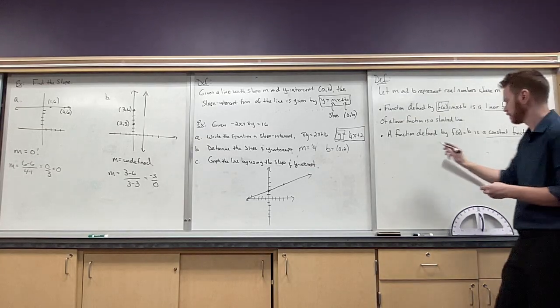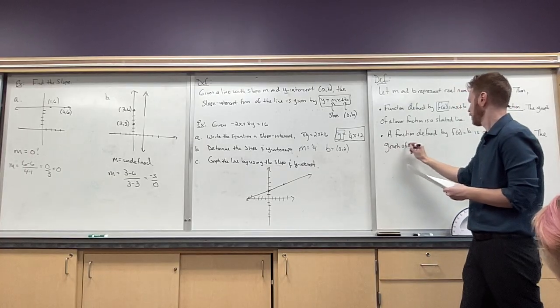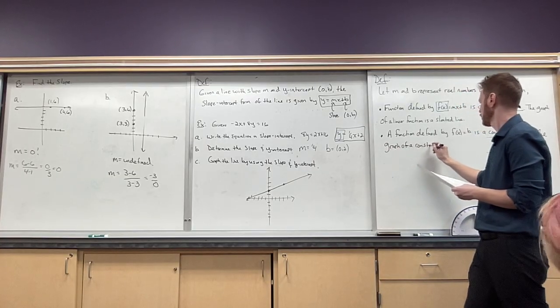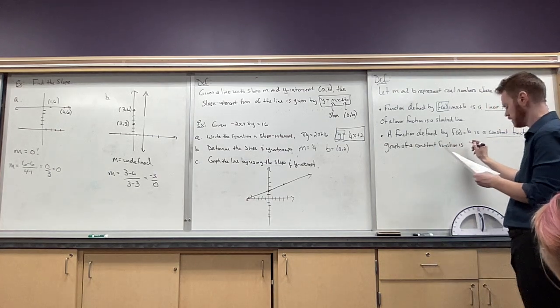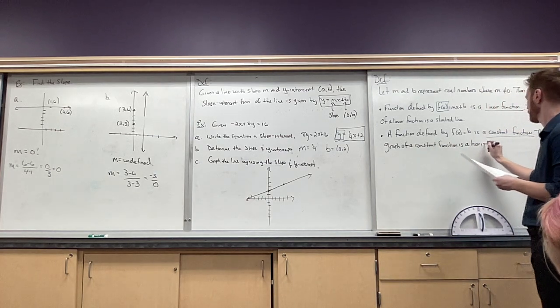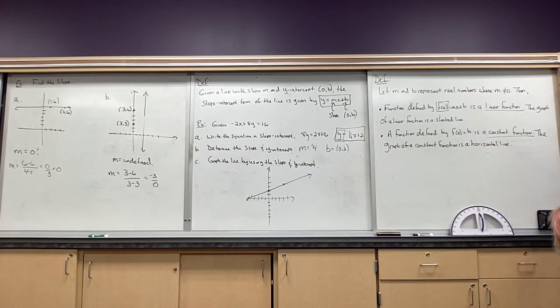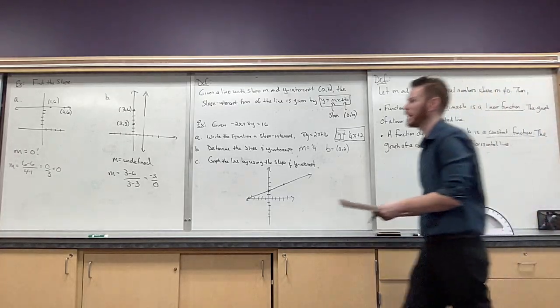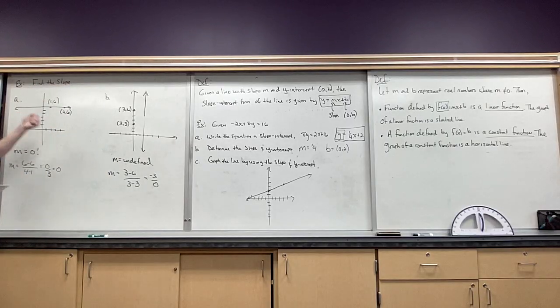The graph of a constant function is a horizontal line. So a good example is the one over there. There's our horizontal line. So this guy would be a constant function. Okay? This would not be a function, so we have no name for that one there.